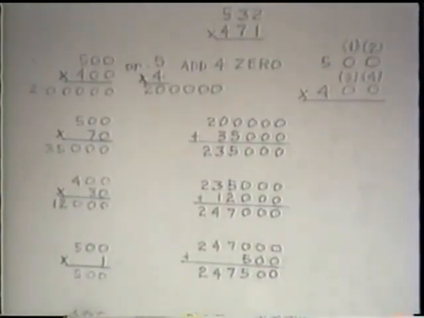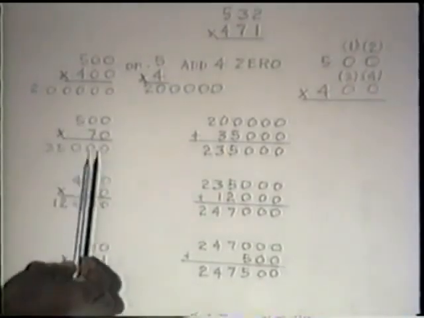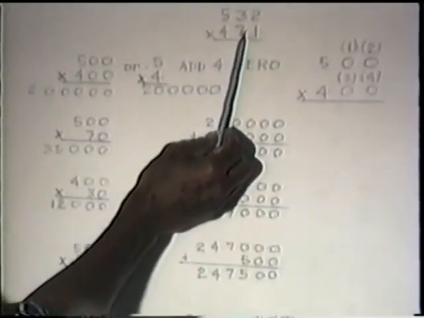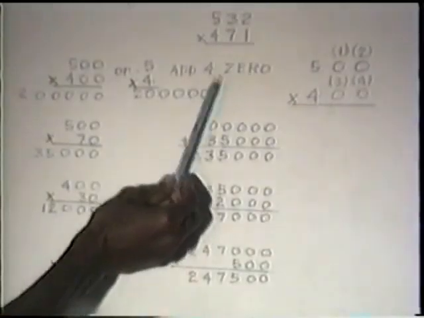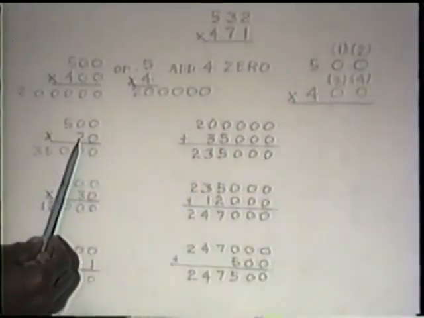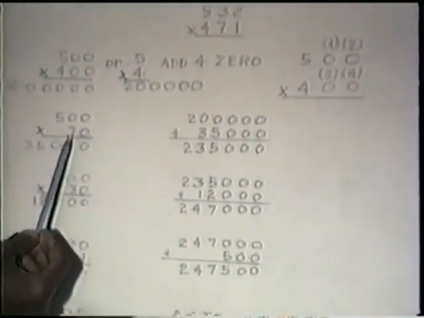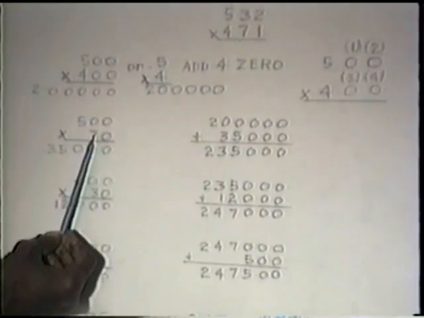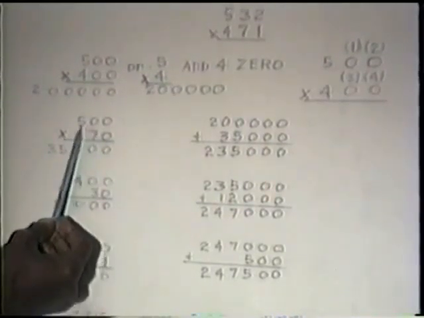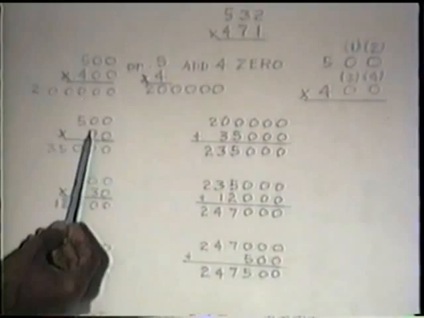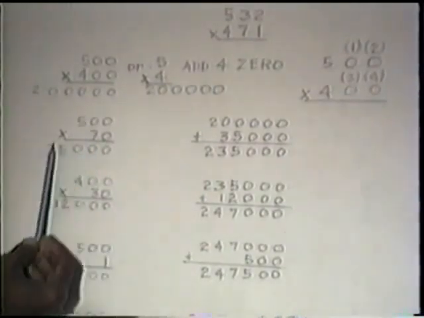Next we're going to multiply 70. Remember we had the number 400, 70, and 1. We already multiplied the 400, now we're going to multiply 70 times 500. How do we do that? 7 times 5, which gives you 35.